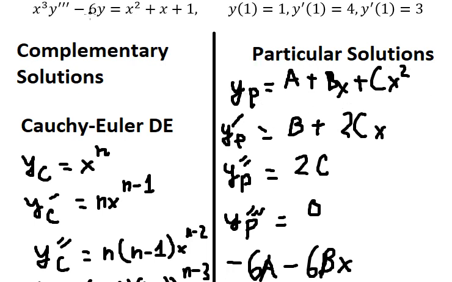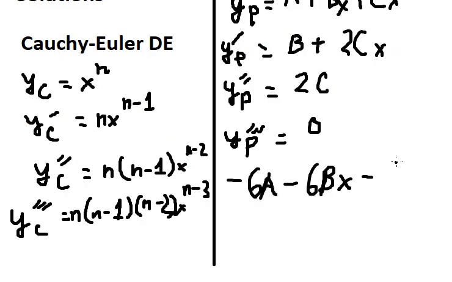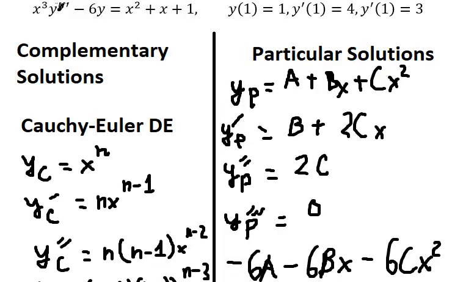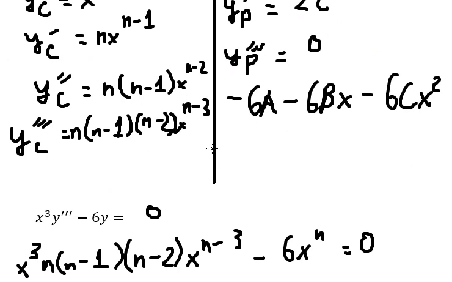So that's why we have negative 6 multiplied by a, negative 6bs and negative 6cs squared. This one equals 0. We put 0 here, they cancel. And now this one equals s squared plus s plus 1.